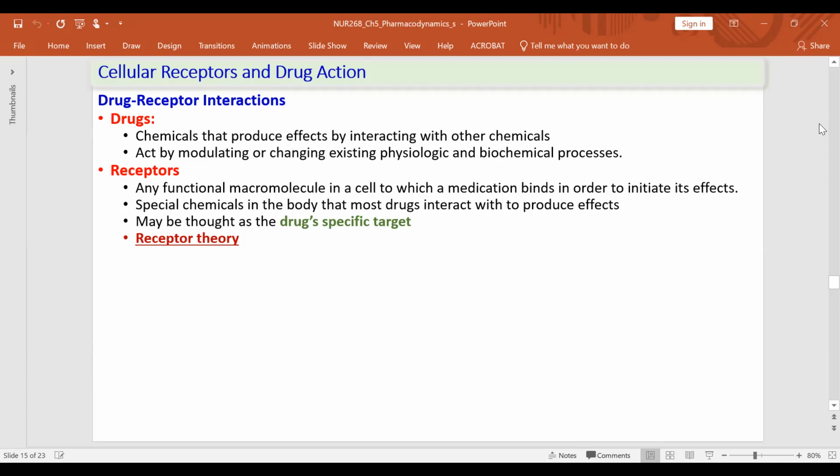However, for severe pain, neither the ibuprofen nor the aspirin has sufficient efficacy in relieving severe pain. That's why we will prescribe morphine. So morphine has greater efficacy than aspirin and ibuprofen. So efficacy is more important than potency.